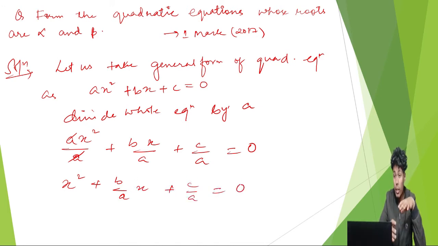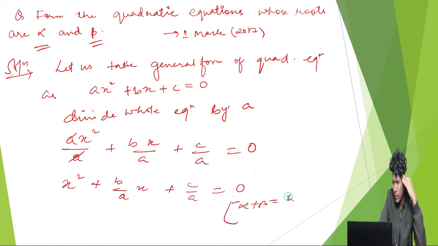Now we are not given any equation. We are given only the roots, alpha and beta. Something we know from before by deriving: alpha plus beta will be minus b by a, and alpha into beta will be c by a.